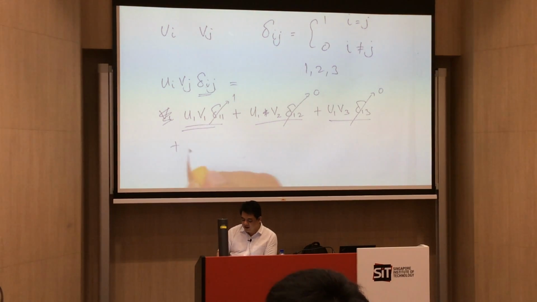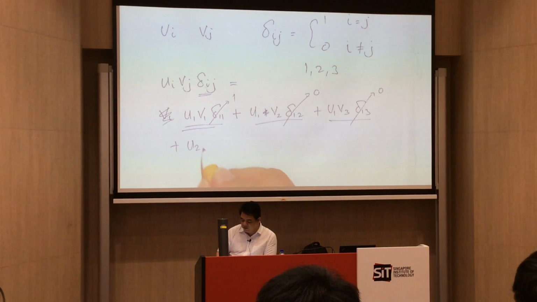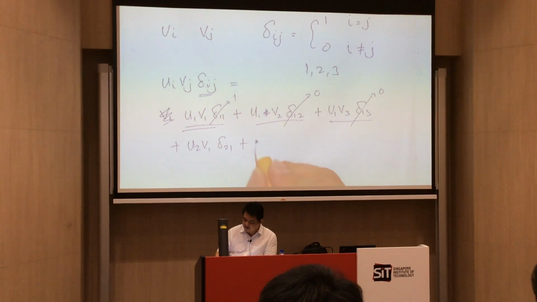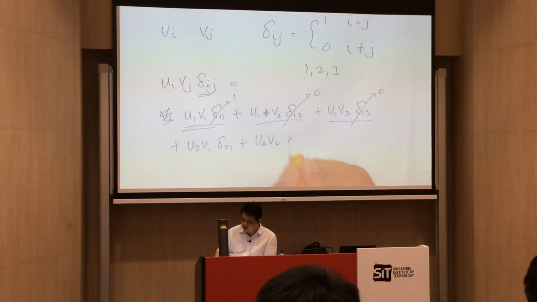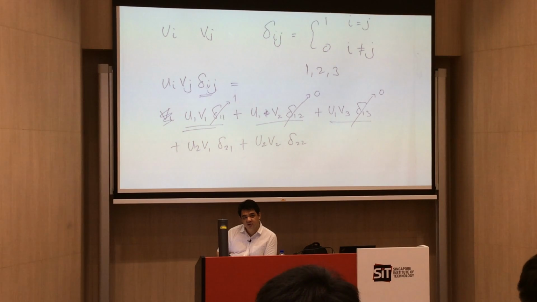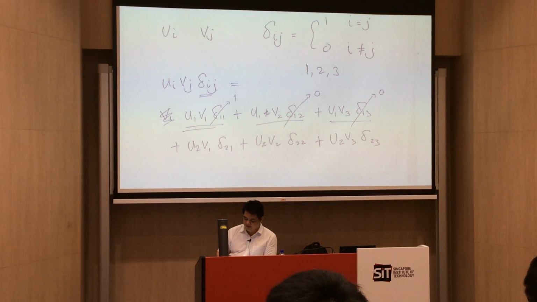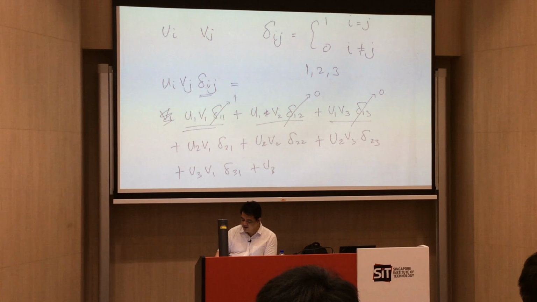Same is true. I have U2 V1 delta 2, 1, that becomes 0, plus U2 V2 delta 2, 2, plus U2 V3 delta 2, 3. Then again, you add U3 V1 delta 3, 1, and so on.